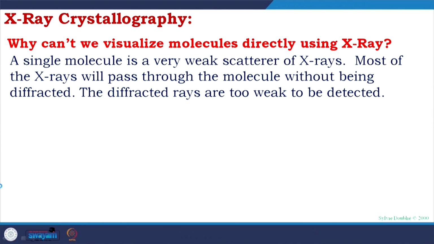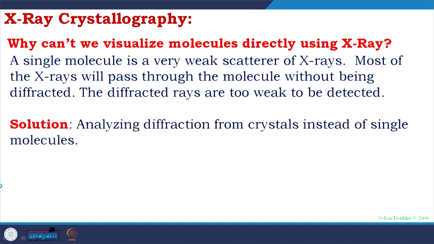When you consider direct viewing, you are looking at a single molecule, and a single molecule is a very weak scatterer of X-ray, and most of the X-rays will pass through the molecule without being diffracted. So, the diffracted rays would be too weak to be detected. Is there any solution? Analyzing diffractions from a crystal instead of a single molecule.